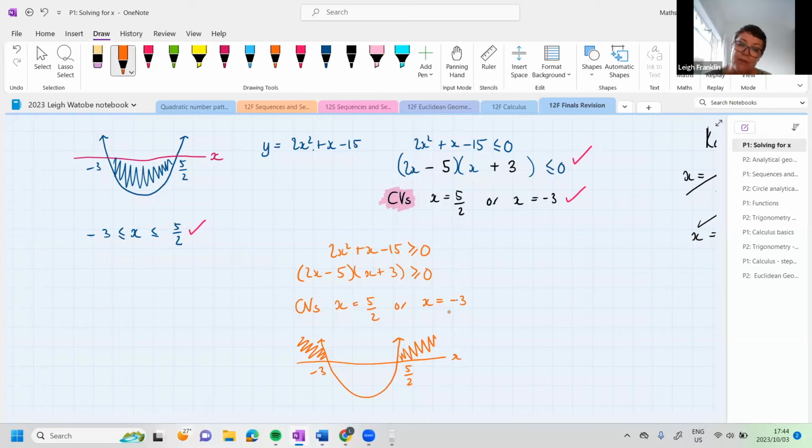That's the difference. Now your solution is no longer between two values, so you can't use this way of setting it out, because this way over here is specifically for when it is in between.